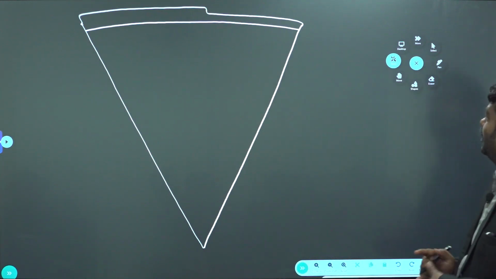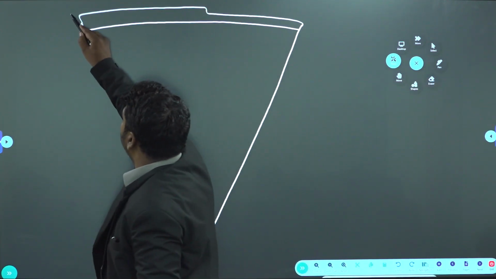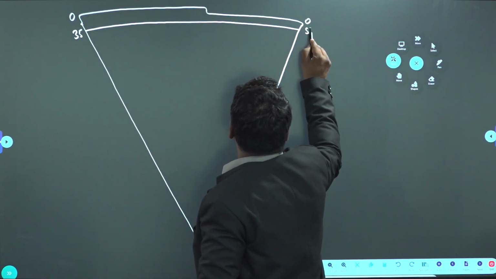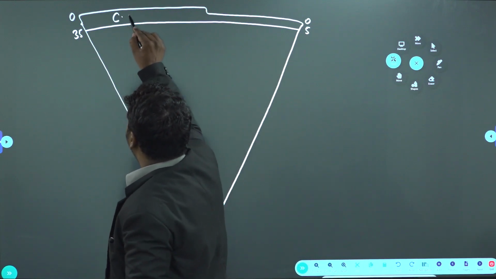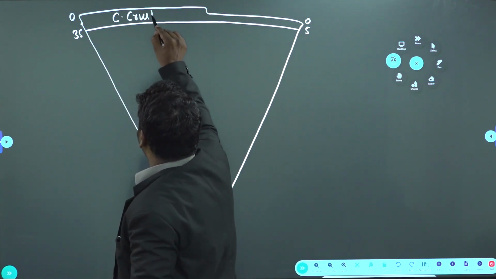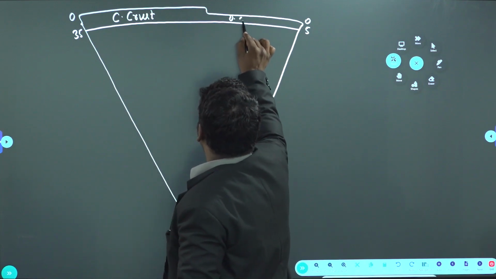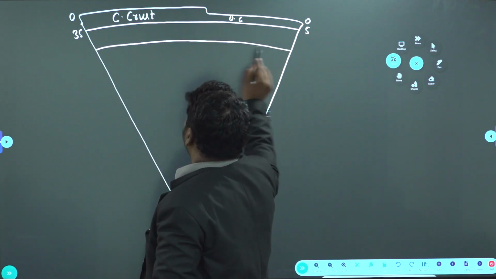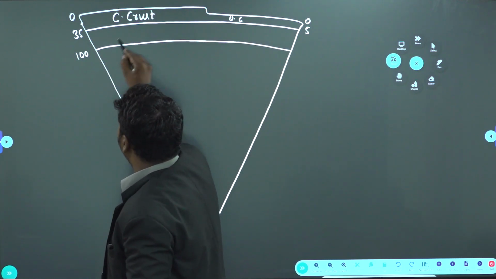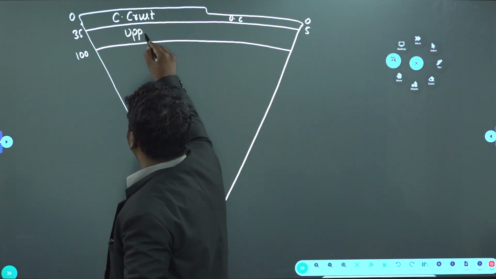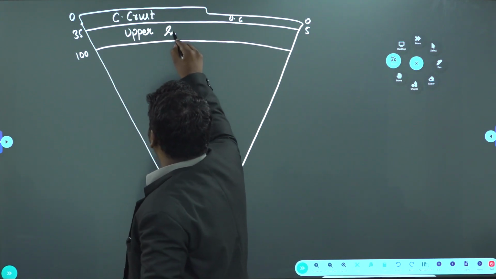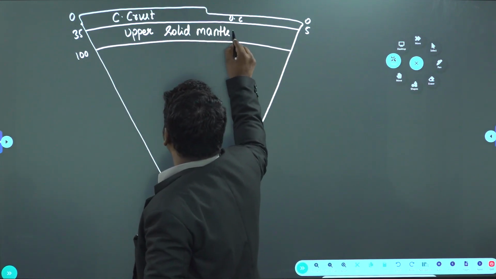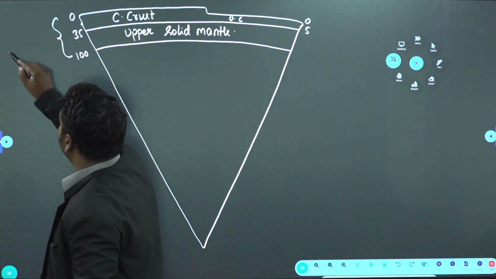Okay. So, what will you find first? 35? 0 to 5. What is this? Continental crust. Here, oceanic crust. Guys, till 100 kilometer, this area is upper solid mantle. 4 times they have asked, what is lithosphere?